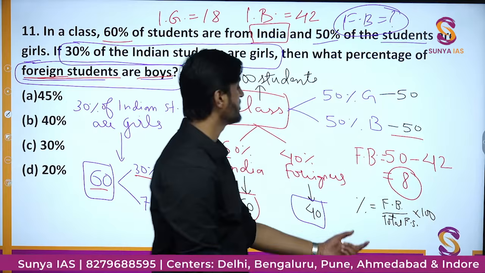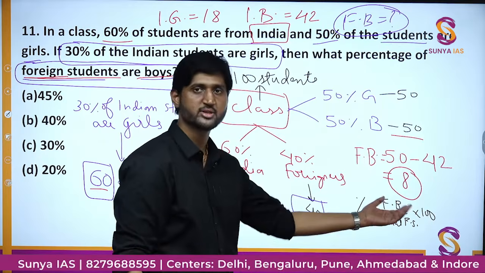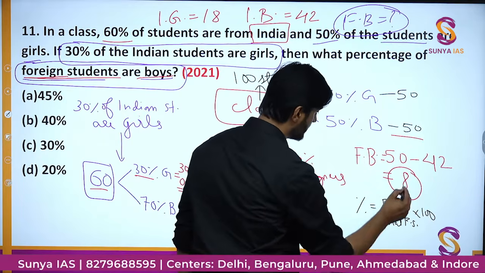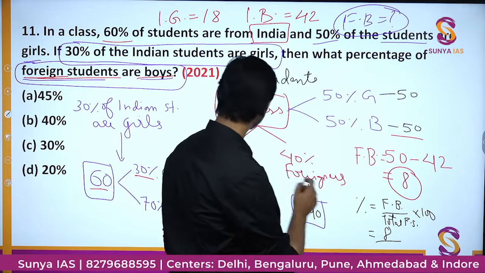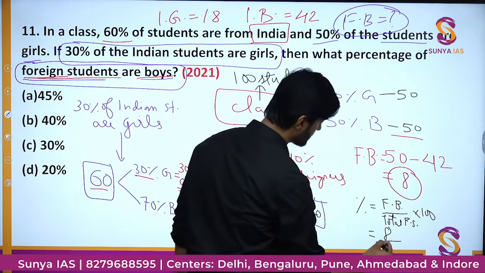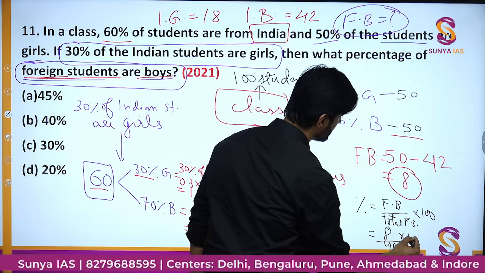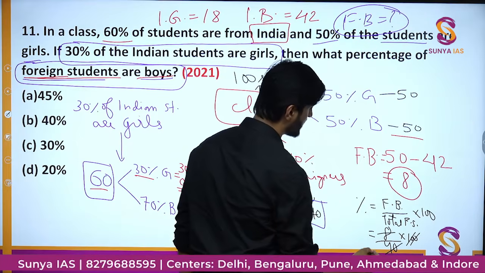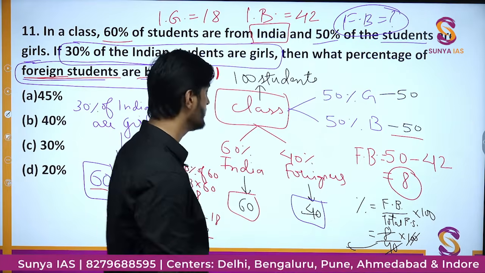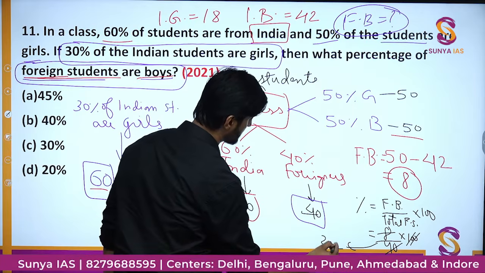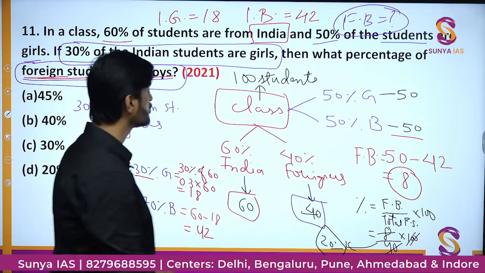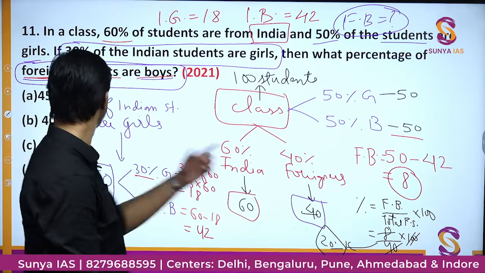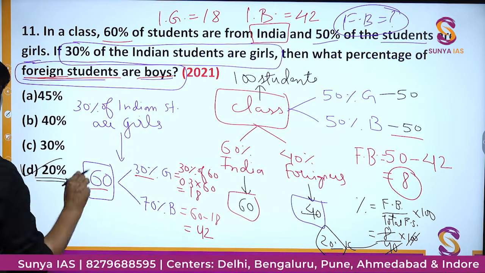So how much percentage of the total foreign students are boys? That we have to find out. These boys are 8. Total foreign students, as we assumed, were 40, into 100. After all simplification and cancellation, we'll get this value to be how much? 20%. So out of the total foreign students, 20% are going to be boys.